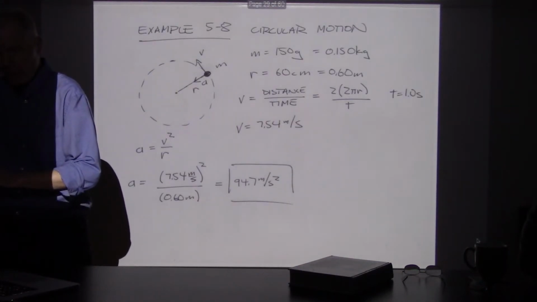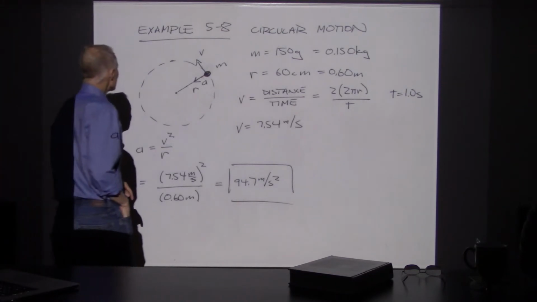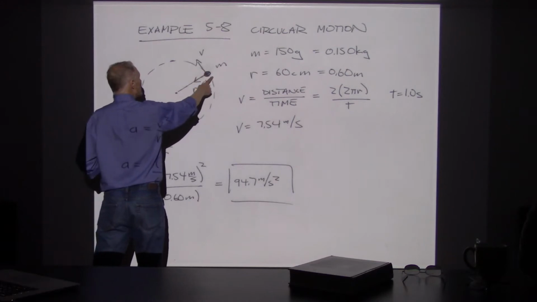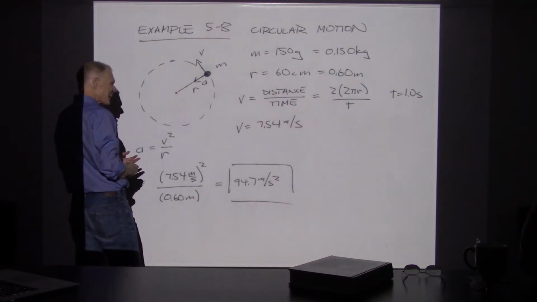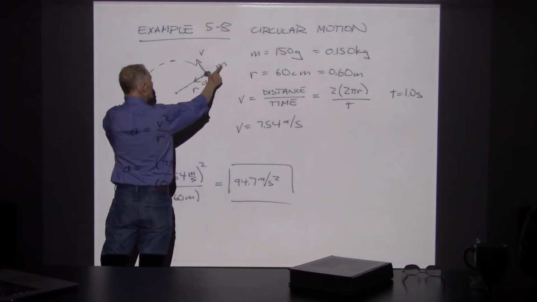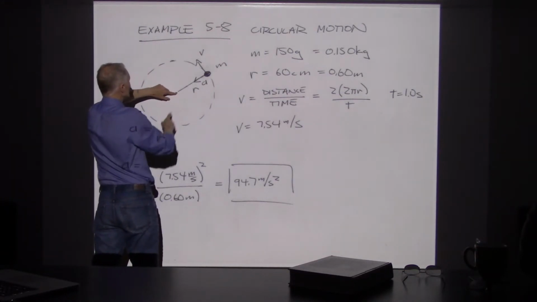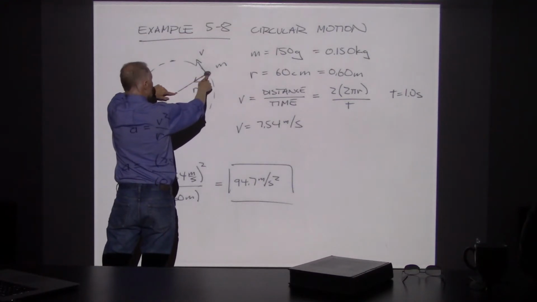Well, I think we can answer that. So here's kind of a drawing. Here is the circular motion going on. Here is the object. It's got a mass m, but I don't think we need that for this problem. We'll probably need it later on. R, we're going to measure from the center of the circular motion out to the circle.